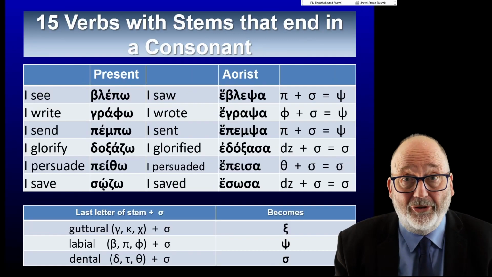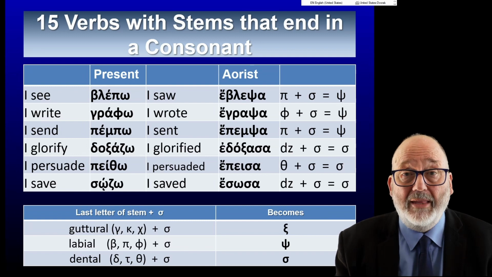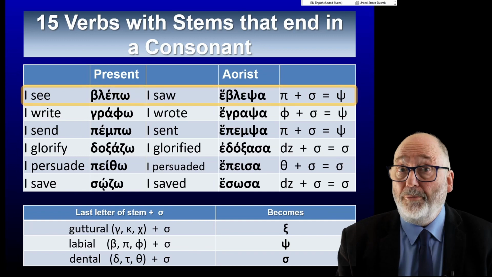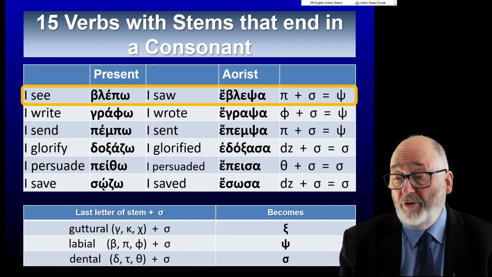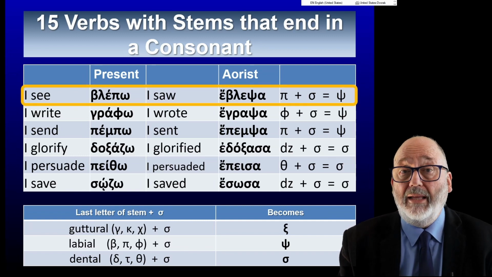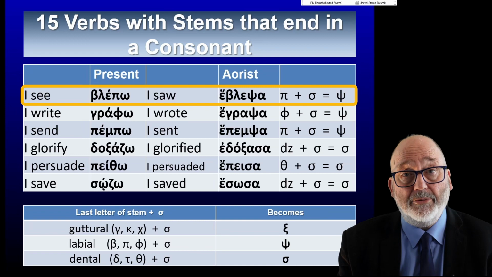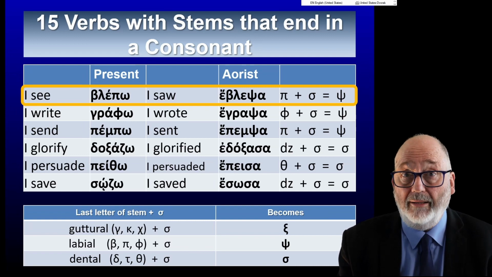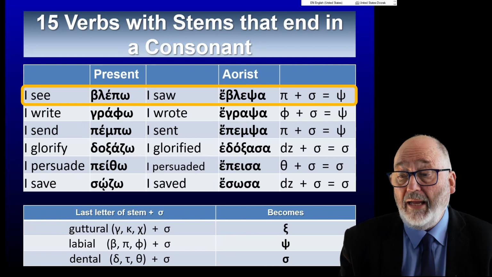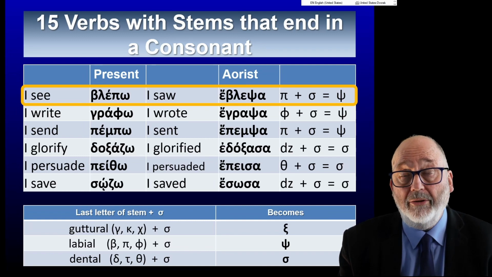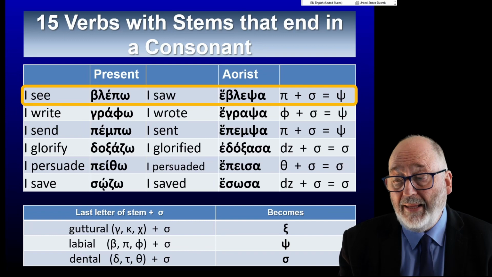Here we have some verbs that have a verb stem that ends in a guttural, labial, or a dental. The verb blepo, for example, has a verb stem blep. The last letter is a pi, and when the pi interacts with sigma, it becomes a ps sound, a psi. So the aorist of blepo is eblepsa.